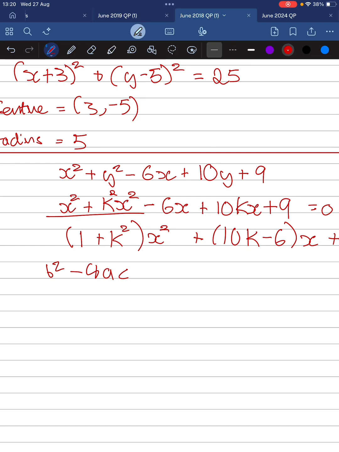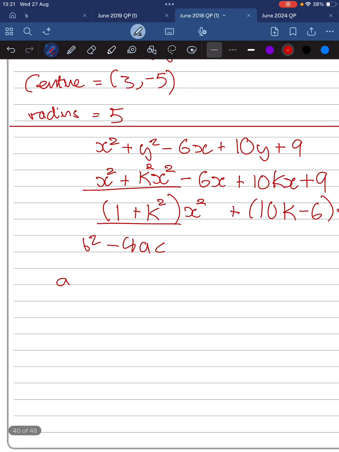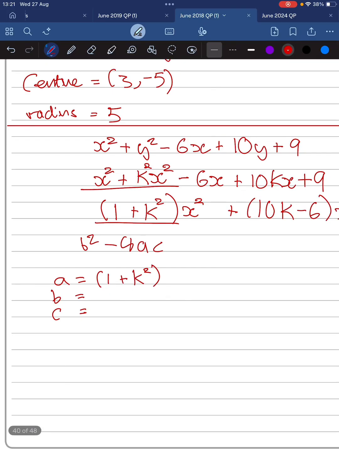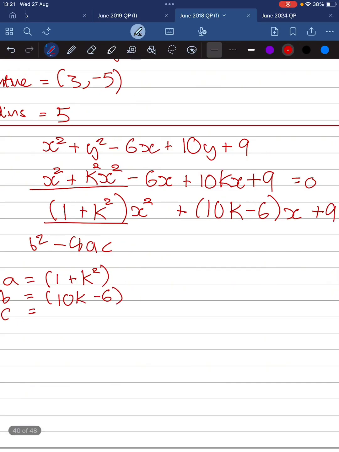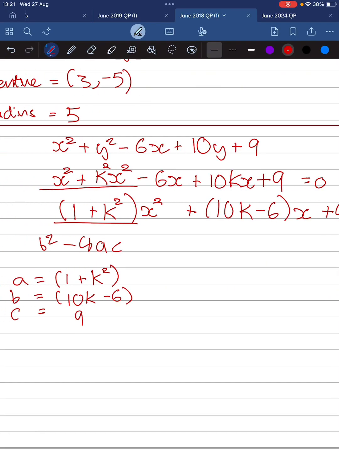So if I show you, I think it would make even more sense rather than me saying it. So this would be our A. If I just plug in the values A, B, and C, A would be 1 plus k squared. Okay, B would be 10k minus 6, and C would be 9. Okay?